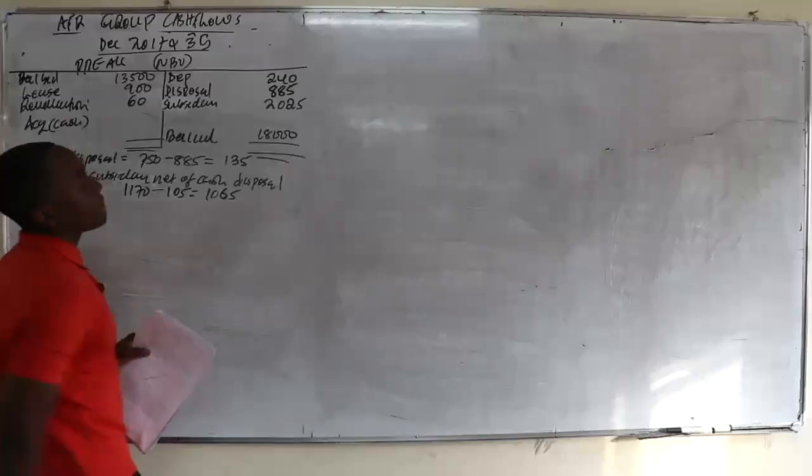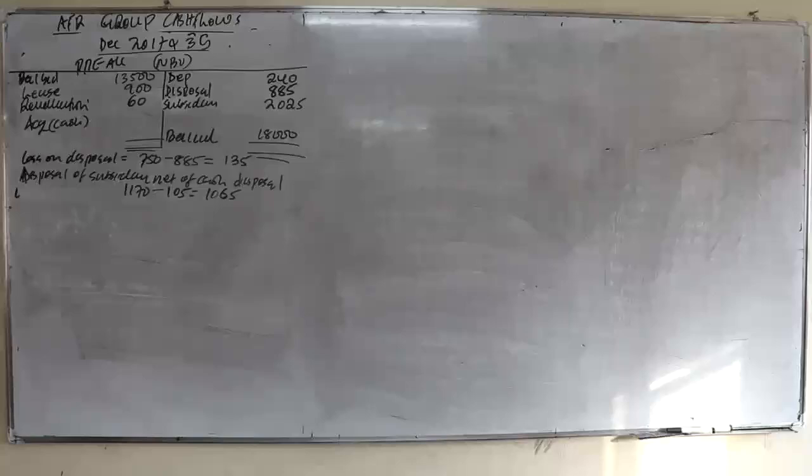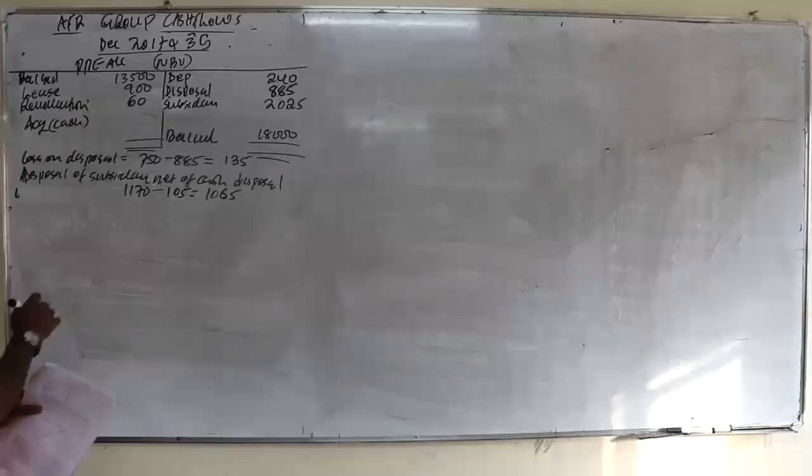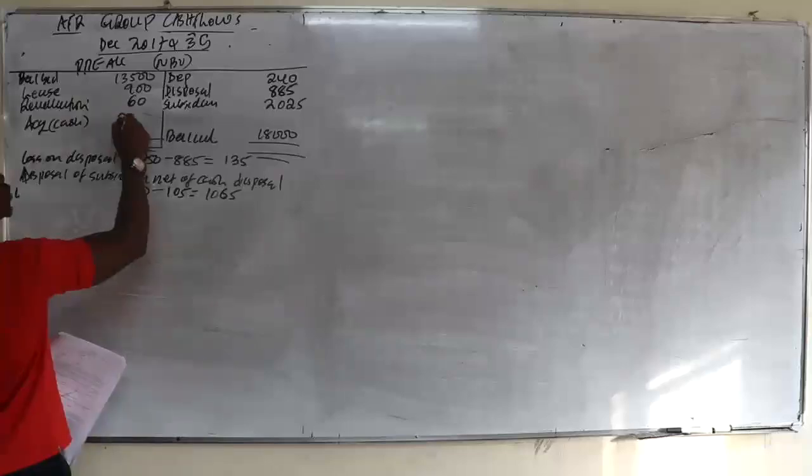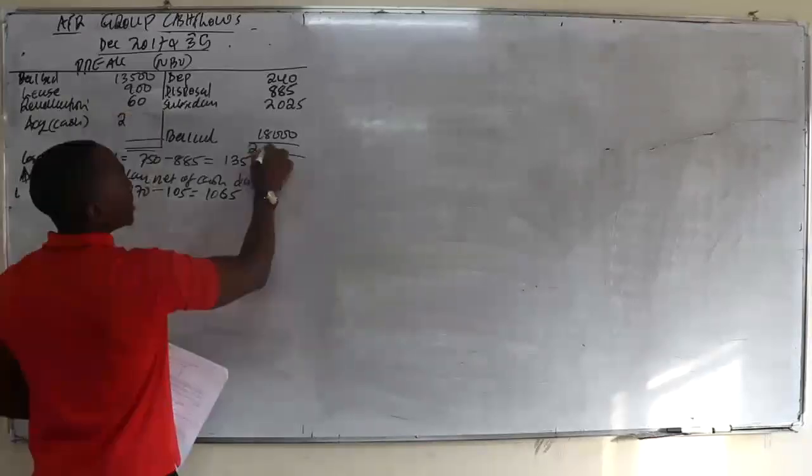Give me the balancing figure. This side is more. 29 total, 29.